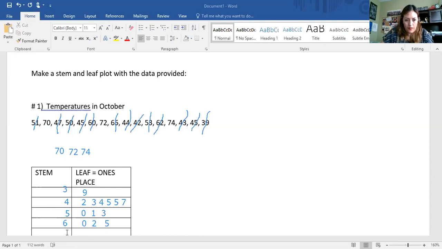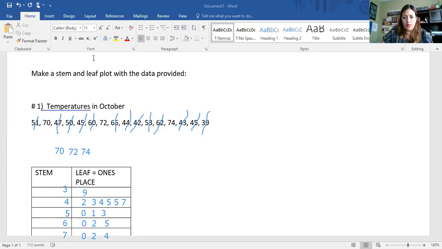So right here, I'm running out of space. Give me 1 second. Okay, so right here is my 70 under the tens. And then under the ones place, remember you have only your ones, which is a 0 for the 70, then a 2 for the 72, and last a 4 for the 74, okay?